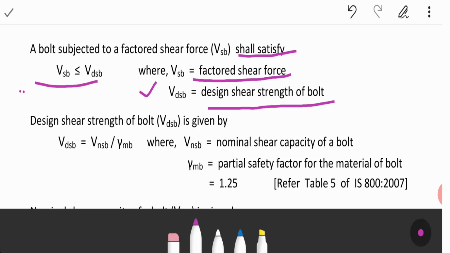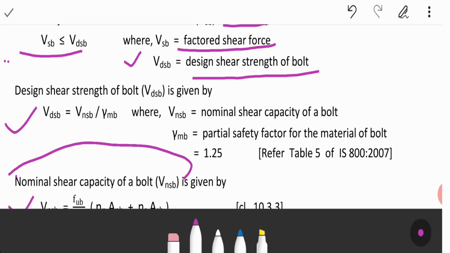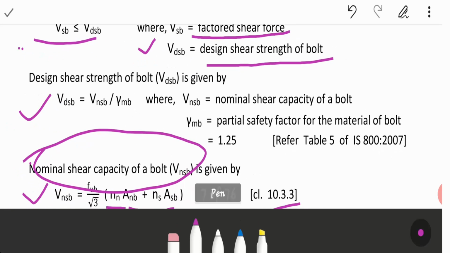Now, the design shear strength of the bolt, which is denoted by Vdsb, is given by Vdsb equal to Vnsb, where Vnsb is the nominal shear capacity, divided by gamma mb. Gamma mb is the partial safety factor for the material of the bolt, which is 1.25 as per Table 5 of IS 800:2007.